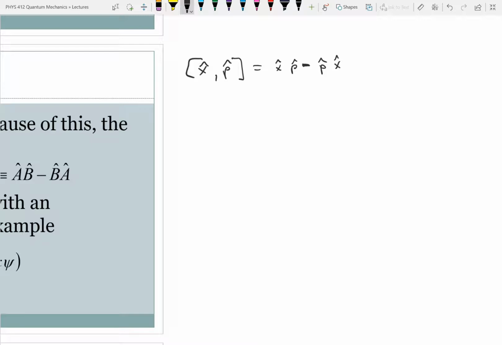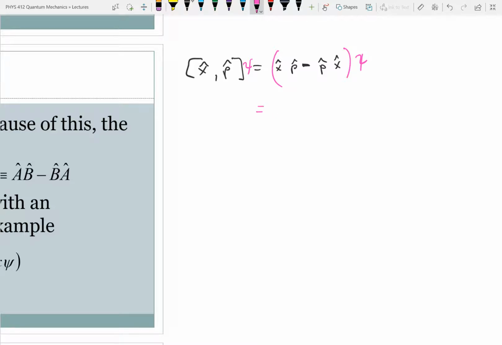Now, how do I evaluate this? To evaluate this, we make some magical who-cares wave function. I throw in a psi here. If you're a reasonable person, you say, why? Well, I'll show you why. Operator.